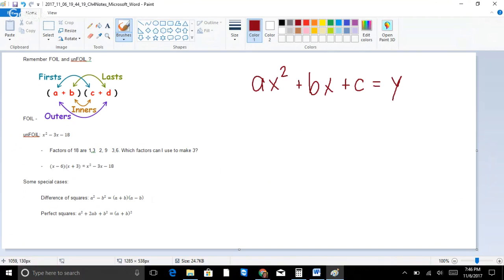With linear equations it was nice, because if we figured out what y was, like y is equal to 100, and we didn't have the x squared term, then we could solve for x and we were golden. But now with quadratic equations we have an x squared term, so that makes it a lot harder to solve.